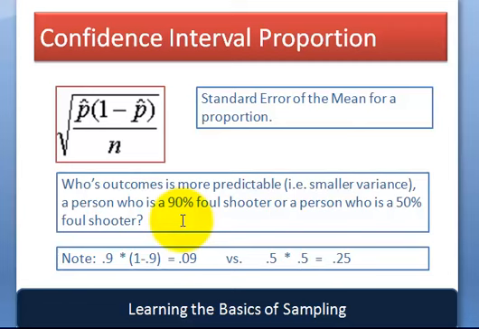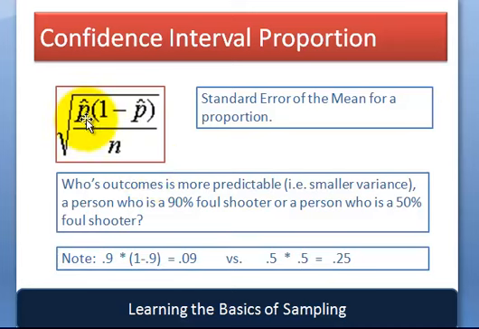Now, if I send up a 50% foul shooter and we had to predict, I think most of us would say, boy, that's tough. The guy is all over. Sometimes he makes it, sometimes he misses it. I'll predict he's going to make it, but I don't feel nearly as confident in the 50% foul shooter as I do in the 90% foul shooter.